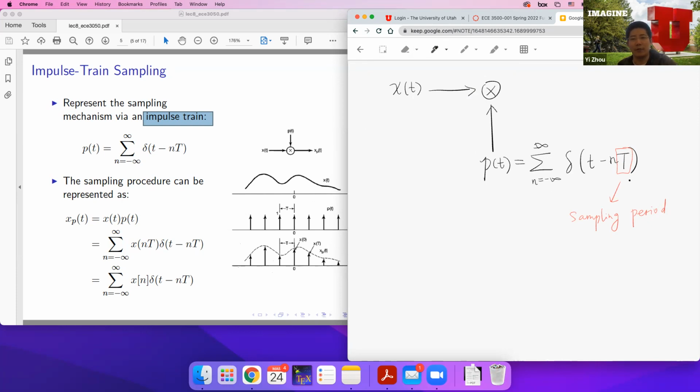Depending on how fast you want to sample, we will use different impulse trains and multiply them with the underlying signal. After this multiplication, we obtain the sample signal. It's a product of the two.